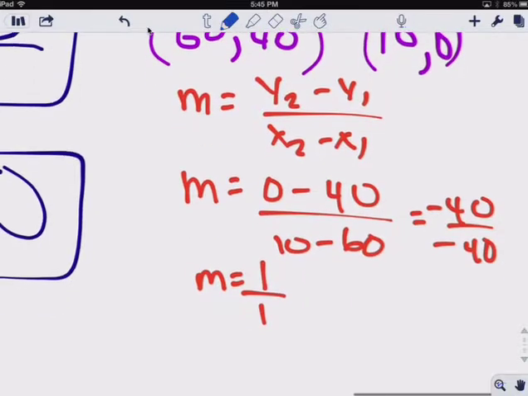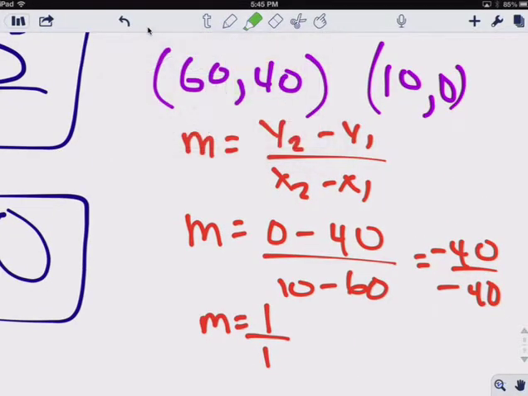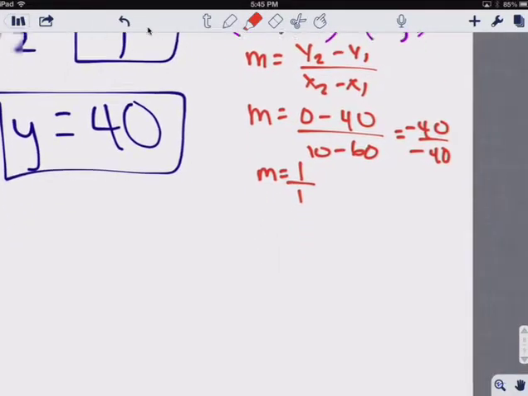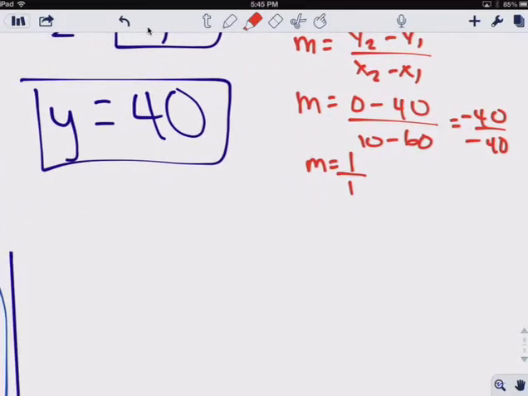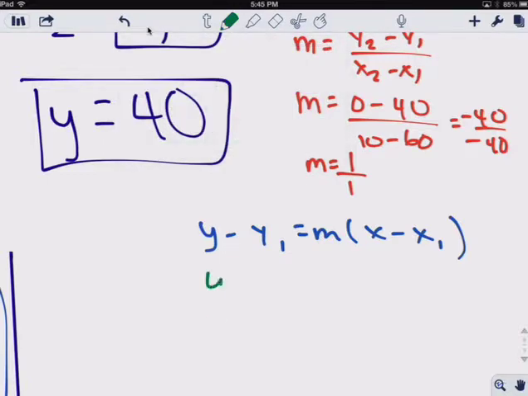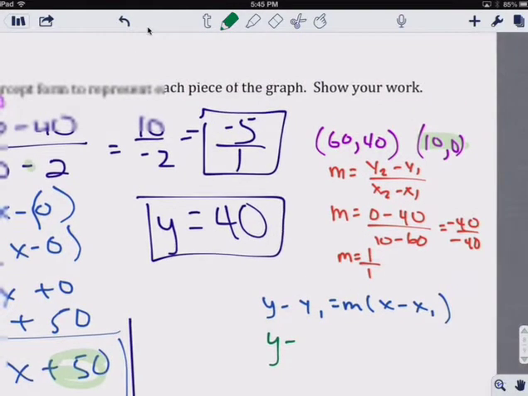I'm going to choose 10, 0. And use point slope to come up with the formula. So, y minus y1 equals m parentheses x minus x1. That's point slope formula.